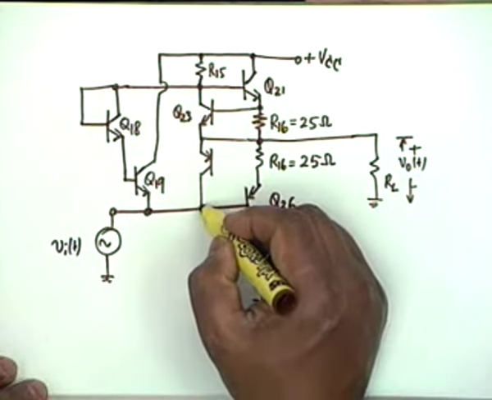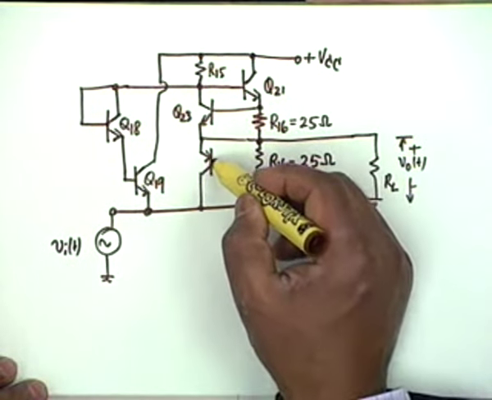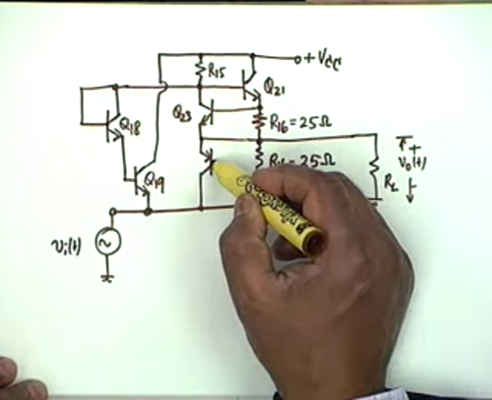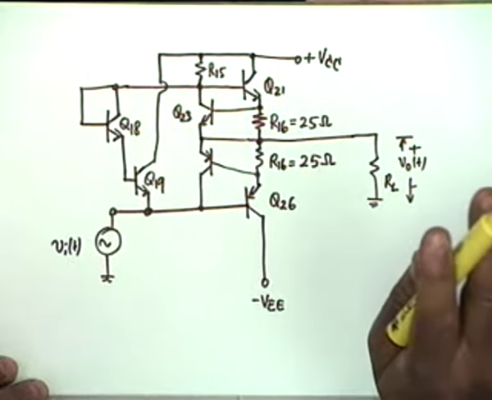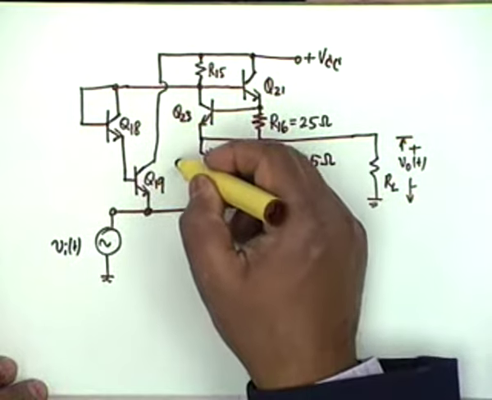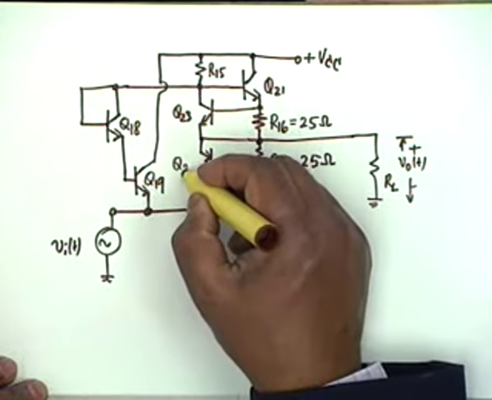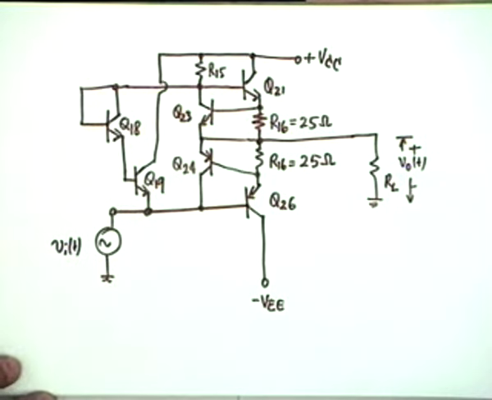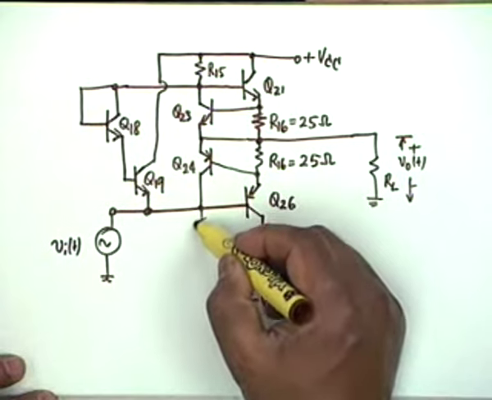This comes here, and the base is connected here, absolutely symmetrical. This is Q24. Is there a 24 here? No. This is Q24. And like R15, there is an R15 here.